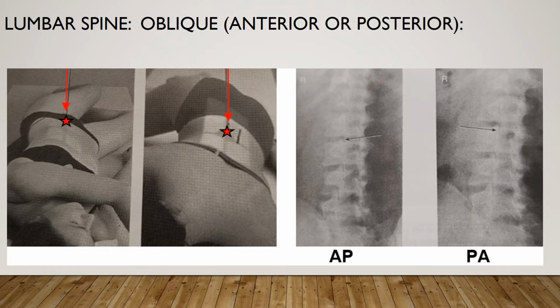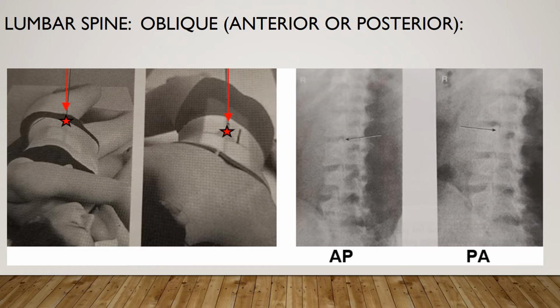Scotty dogs are the elements that are visible. You're going to have zygapophyseal joint and pedicle, which is the eye, centered on the vertebral body. Optimal density and contrast with no motion. Soft tissue margins are visible and bony detail of vertebral bodies, joint spaces, and the elements of the Scotty dogs.